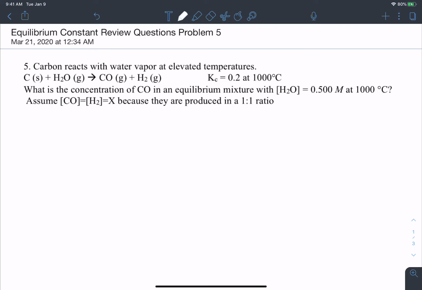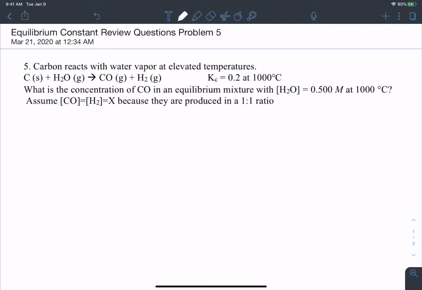So what we want to do is find the concentration of carbon monoxide in the equilibrium mixture when the concentration of H2O equals 0.500 molar, again at 1000 degrees Celsius. So we're given a little hint at the end of this. Assume that carbon monoxide concentration equals the H2 concentration, which equals X because they're produced in a 1-to-1 ratio.